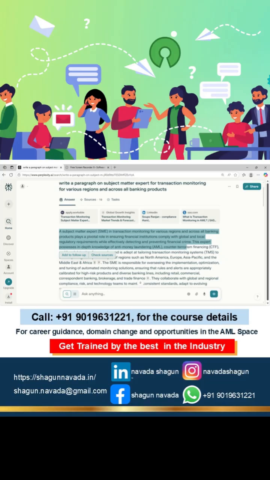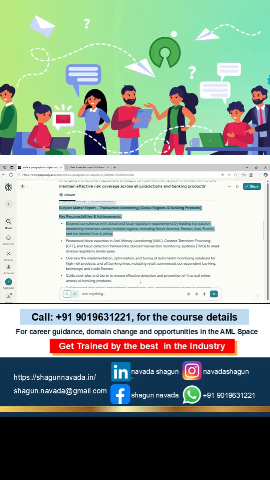Then what I did next was I asked Perplexity to put this in a resume format, and then looked at the output again. Subject matter expert, transaction monitoring, global regions and banking products, key responsibilities and achievements. You can see it has put this into a bulleted format. But again, a lot of generic words are being used, like ensure compliance with global and regulatory requirements, possess deep expertise in anti-money laundering, counterterrorism.